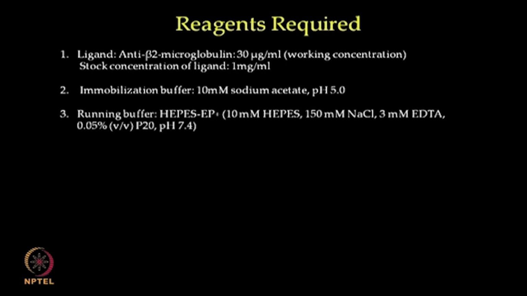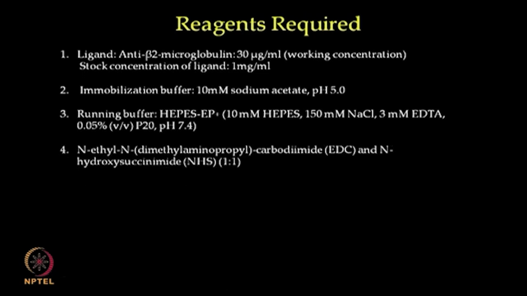We prepared HBS-EP Plus as the running buffer, which was connected to the system followed by priming. EDC and NHS were prepared to be used in 1:1 ratio for surface activation. 1 molar ethanolamine HCl pH 8.5 was prepared for blocking the free ester groups on the surface.